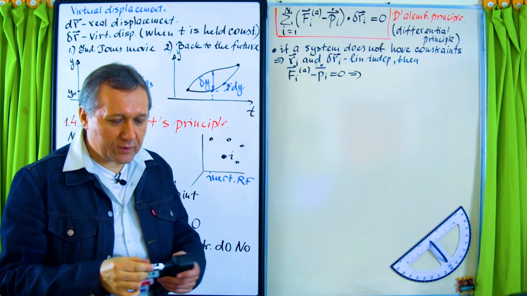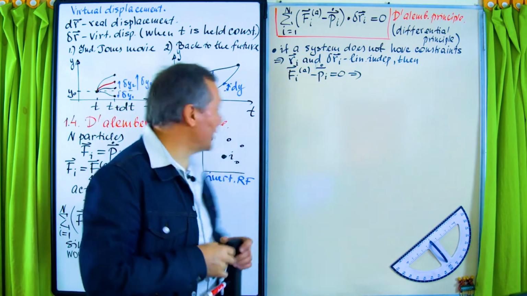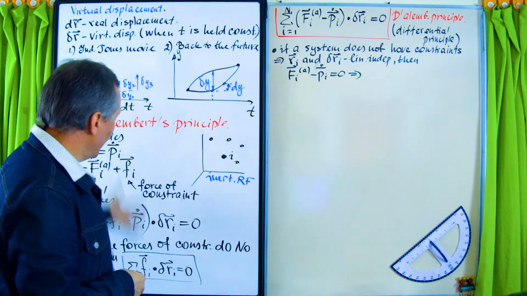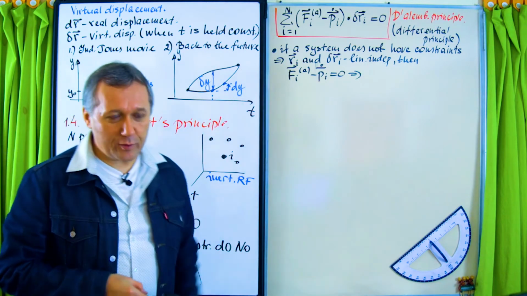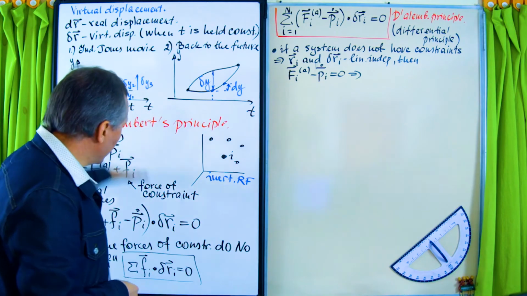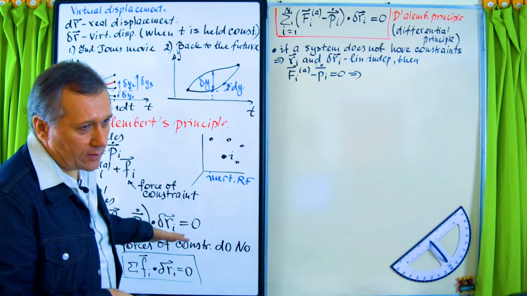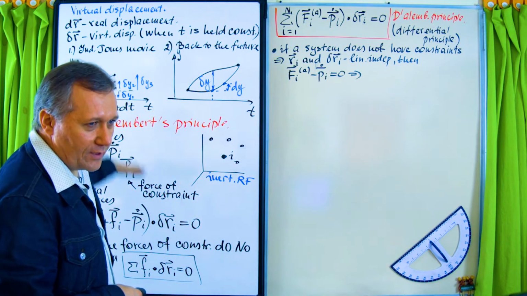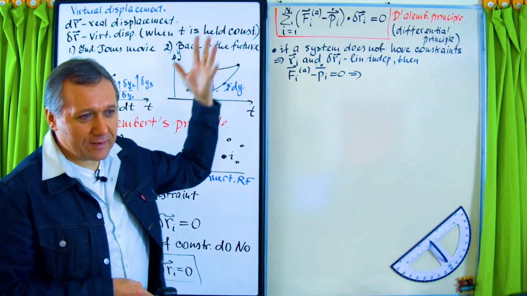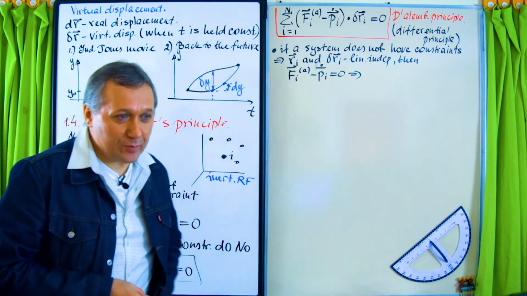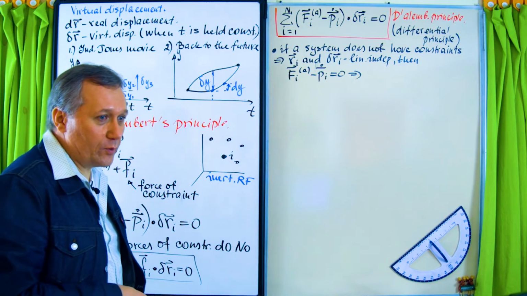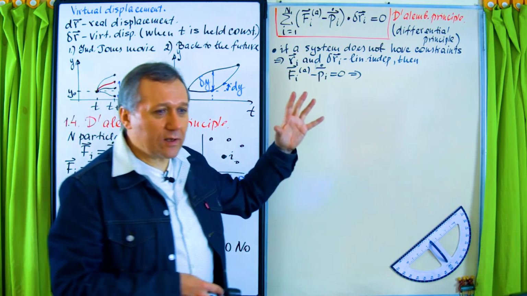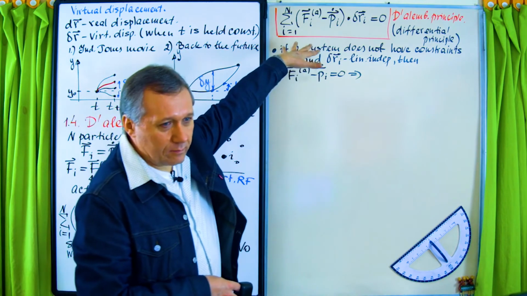Again, you can say what a strange thing. You started with Newton's second law, moved to this, and now you're getting Newton's second law again. Don't look at this as a derivation. It's just a transition to make D'Alembert's principle useful from the educational point of view. We could have just started from this, because it's a principle.